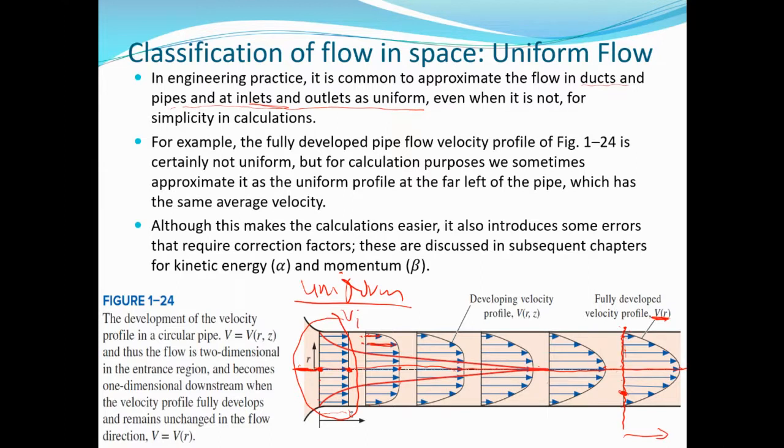It is steady because the velocity at a given point does not change with time, but it changes with distance. When you move from here to here, the velocity of this point is different from the velocity of this point, so it changes with distance. That is non-uniform. But with time, if the velocity at this point remains the same, then it is steady flow.